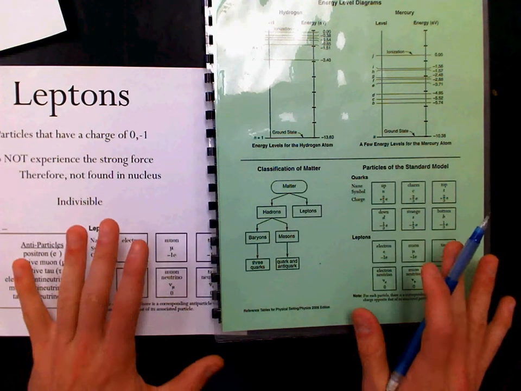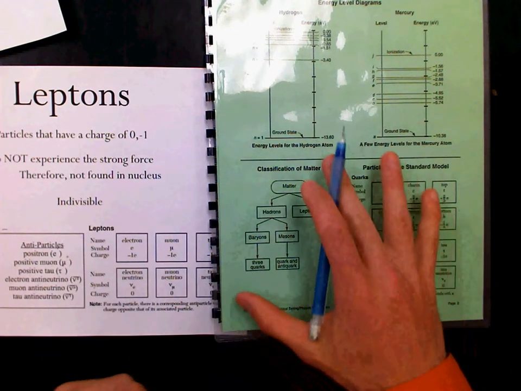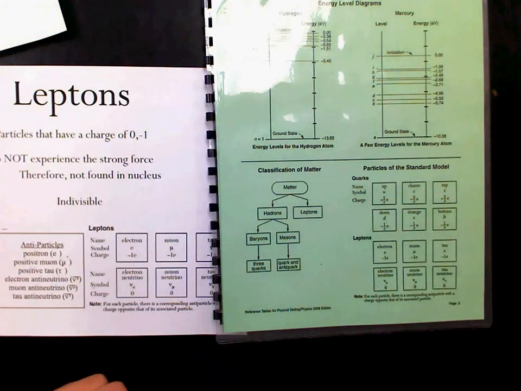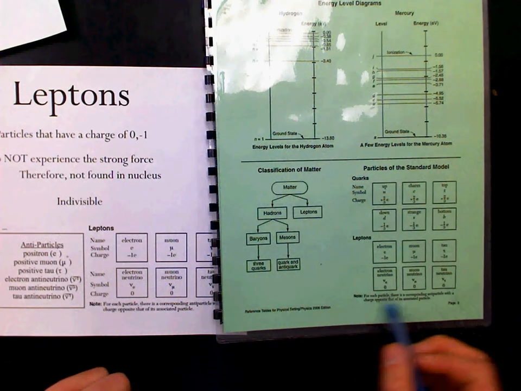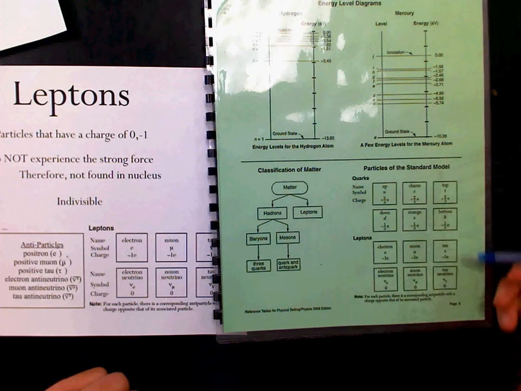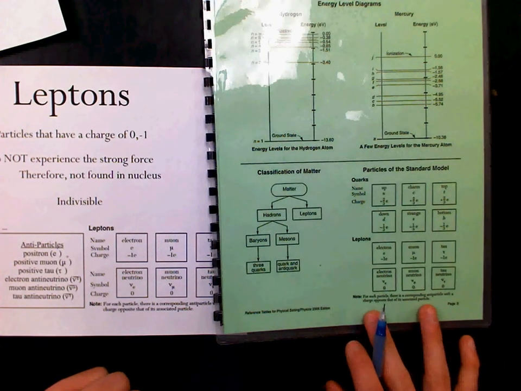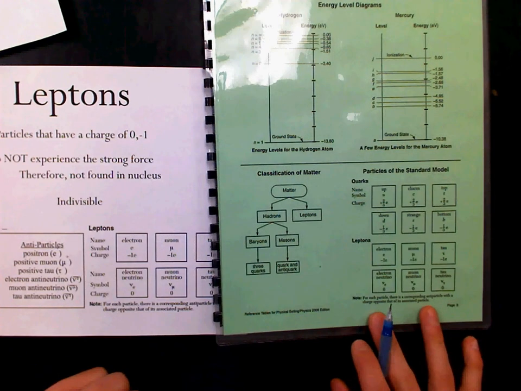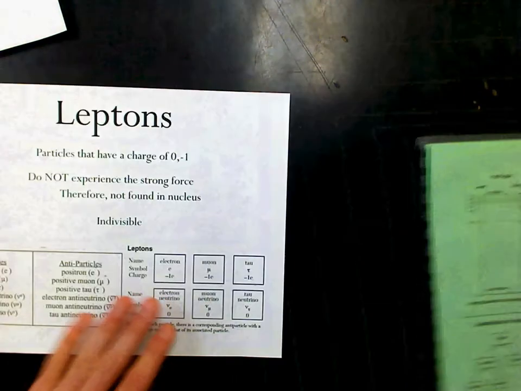So when it comes to quantum physics, or modern physics in general, a lot of it is available right here on the reference table for you. As well, it even notes in the bottom, underneath the chart of the particles of a standard model, that antiparticles have an opposite charge as regular particles. So if you forget that, it's available in the reference table.